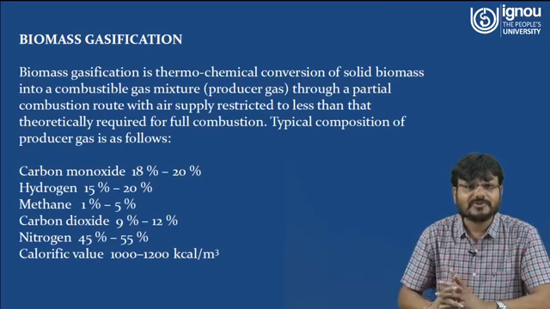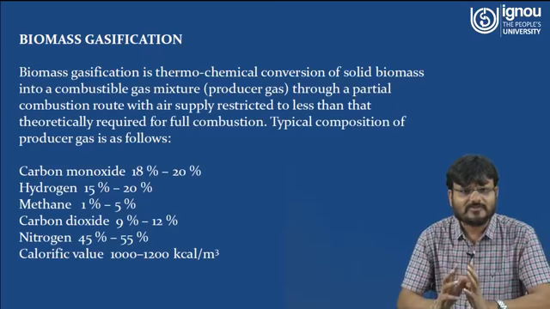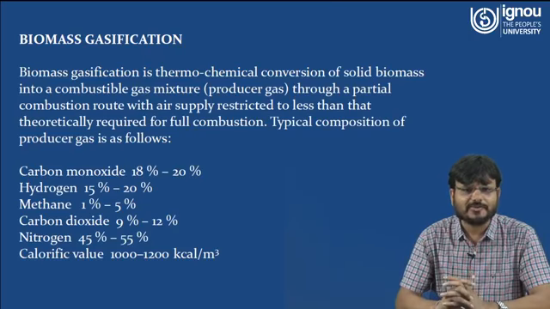The typical composition of producer gas is as follows. It has carbon monoxide, hydrogen, methane, carbon dioxide, nitrogen, and a calorific value. The carbon monoxide is nearly 18 to 20%, hydrogen is nearly 15 to 20%, methane 1 to 5%, carbon dioxide 9 to 12%, and nitrogen is 45 to 55%.